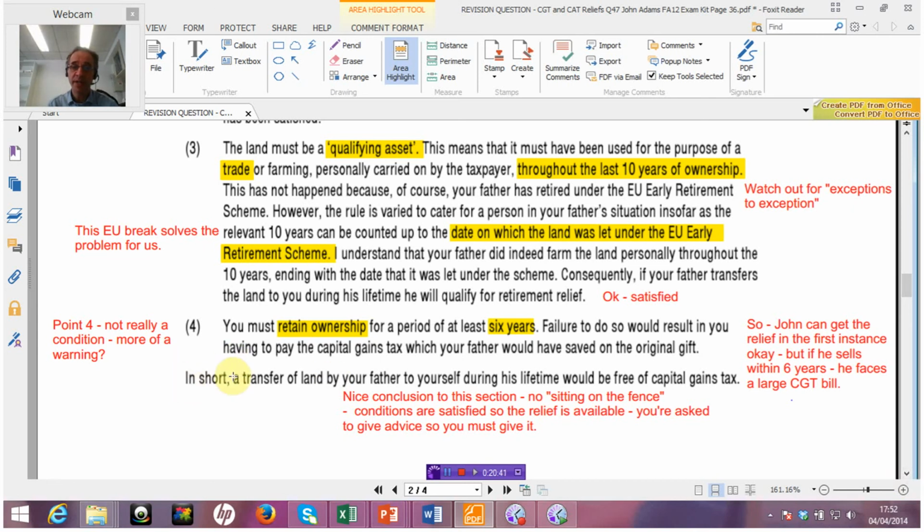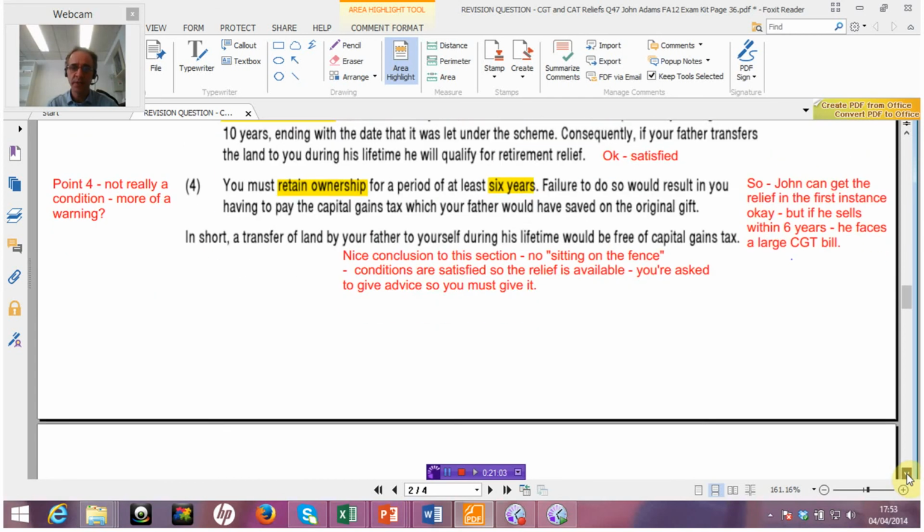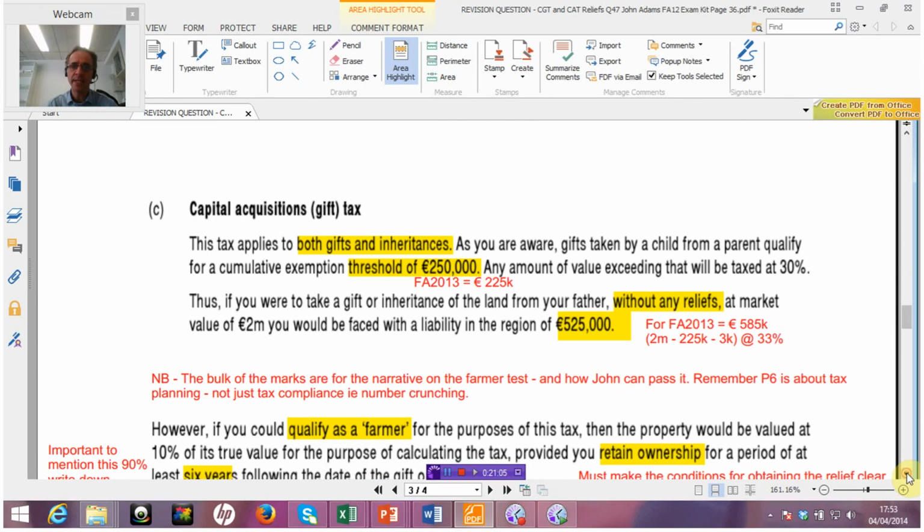They've said in effect, it seems to me, that based on the information that you provided, the property can be transferred, and it would be free of capital gains tax. Certainly no sitting on the fence, as I've said. They've asked for advice, you're required to give it to them. Okay, so moving on from this area to the CAT area.